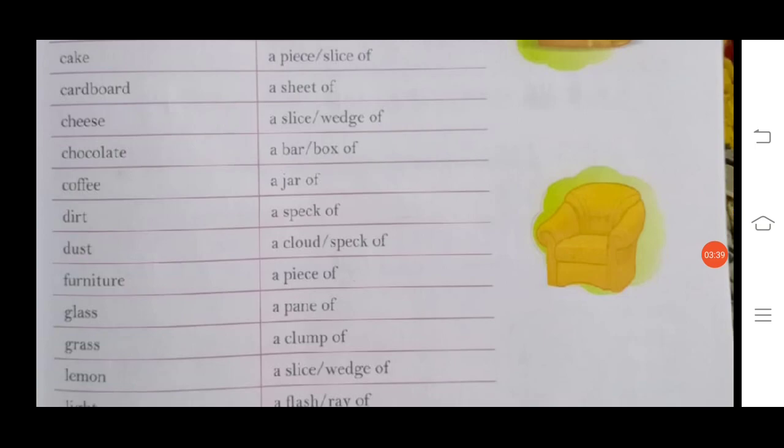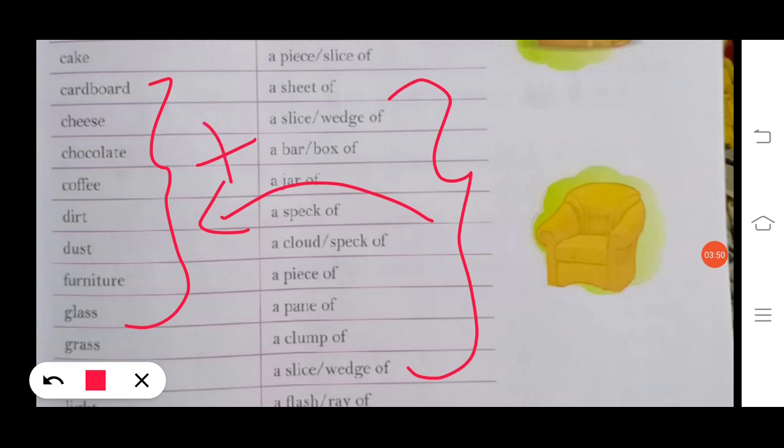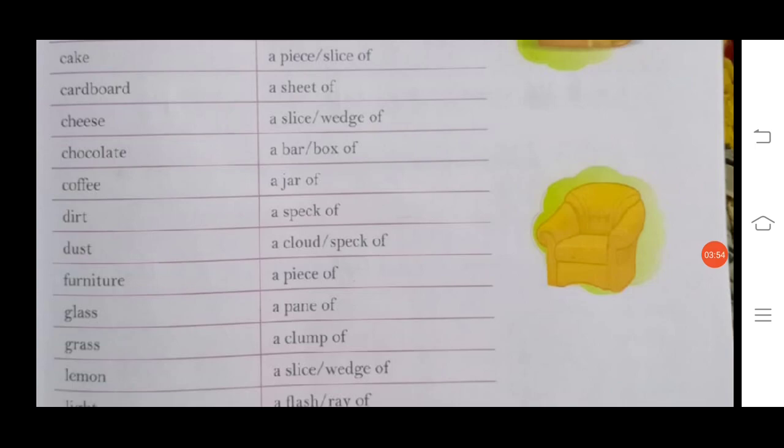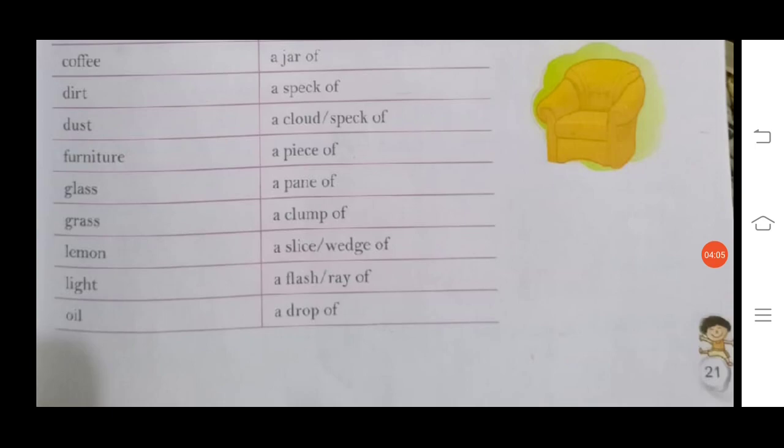Okay, these are called the partitives, and these are the uncountable nouns. When this one is added to this one, then it becomes a countable noun. A jar of coffee, a speck of dirt, a cloud of dust, a piece of furniture, a pane of glass, a clump of grass, a slice of lemon, a wedge of lemon.